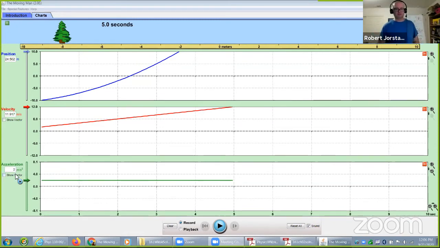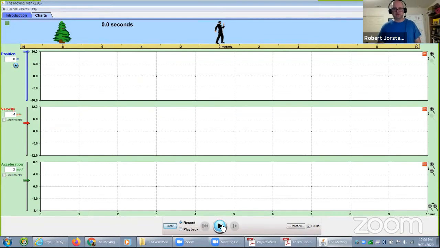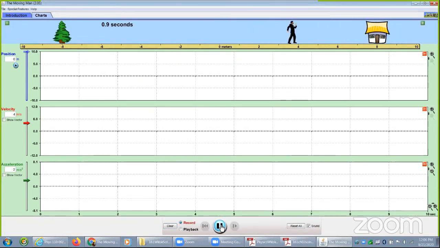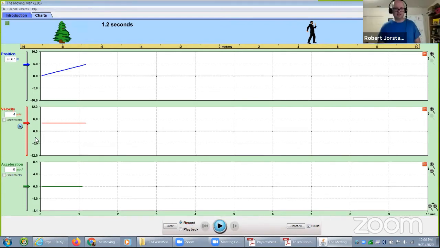Now, what you could do is something like this, right? You could say this is 4, you could say this is 0, and you could clear this out, and you could run this one. Just give me a second. All right, and then you could go over here and change this one to -2 and run it. And then you could change it to -4 and run it.